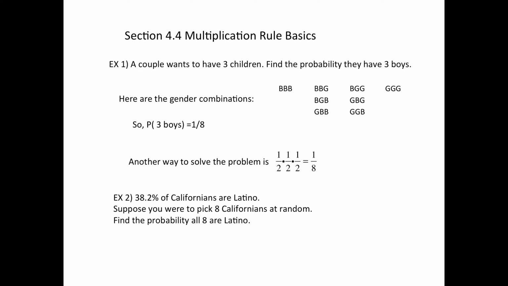The chances of that are 38.2% for each. So we would have 0.382 times 0.382 for the first person, the second person, the third person, all the way for all 8 people. If you do that 8 times in a row, you could just abbreviate it by saying it's raised to the 8th, and then put that in the calculator. There's a very small chance all 8 are Latino.